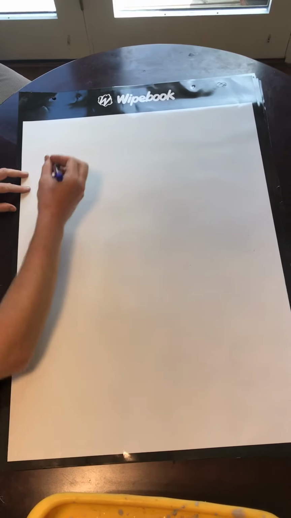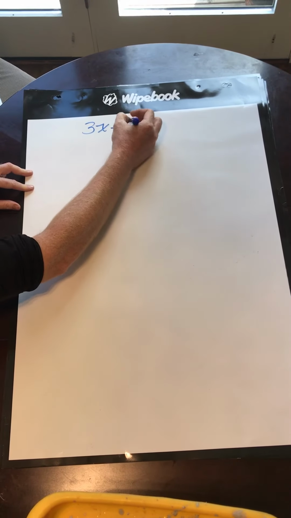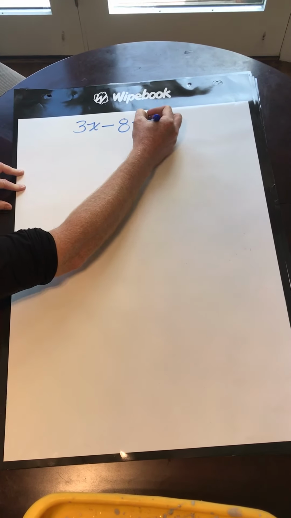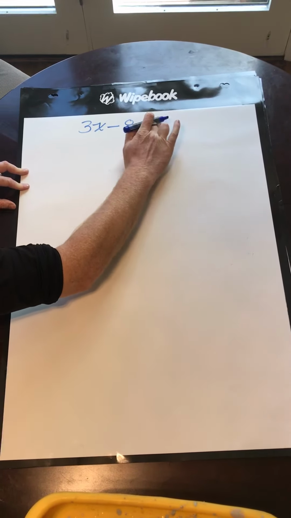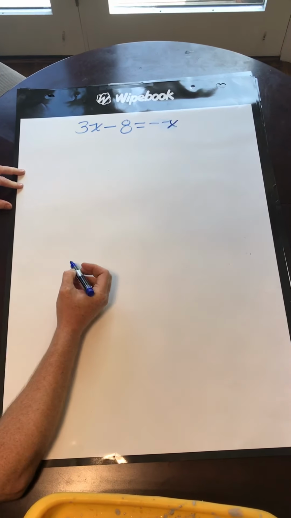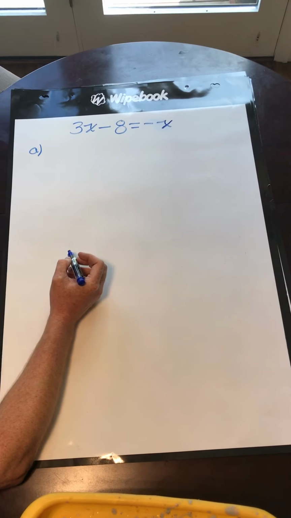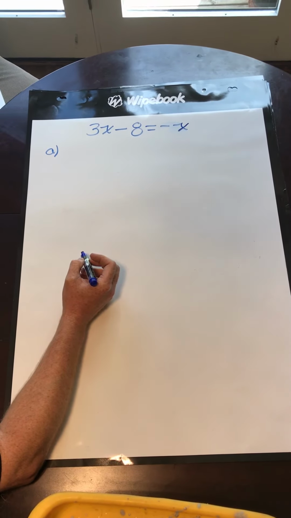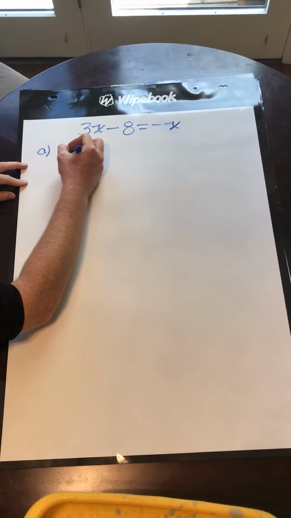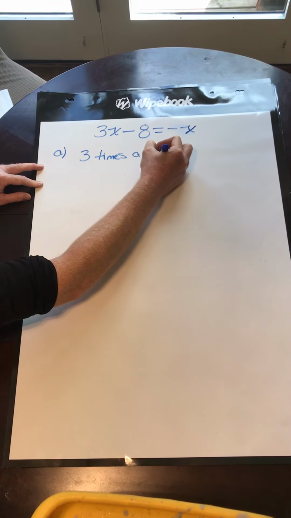The next one that we're working on is 3x minus 8 is equal to negative x. The first thing that we want to do is interpret this equation in words. What does this mean? Well, that means 3 times a number.